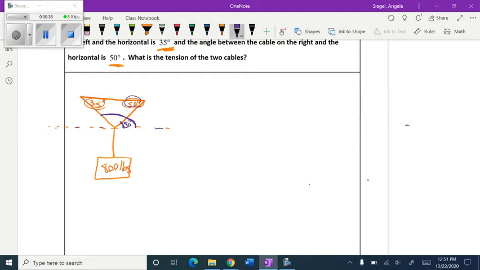But this force right here is 50 degrees plus this angle. So we're going to have to find the angle. So I'm going to take 35 plus 50 and then subtract that from 180, and I get that the missing angle in the triangle is 95 degrees. So I'm going to take 95 plus 50, and I get, sorry, put it wrong, 145.